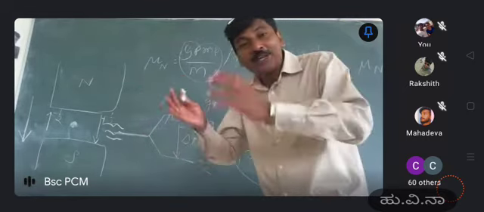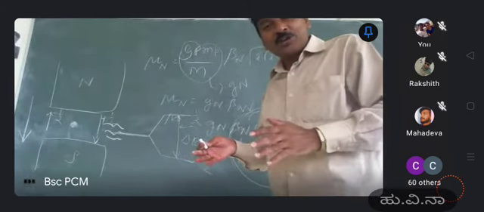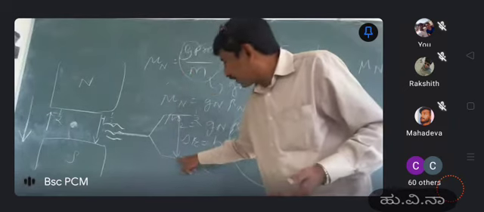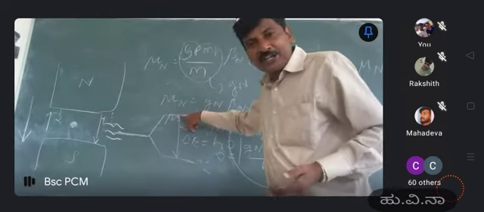Then it starts absorbing the radiation, and the nucleus flips, jumping from this energy level to this energy level.